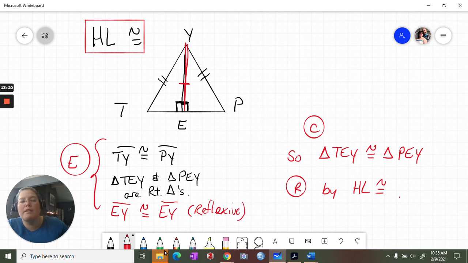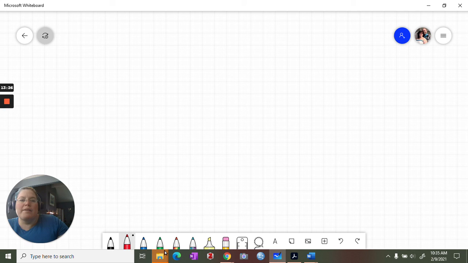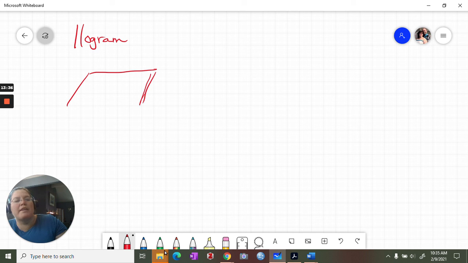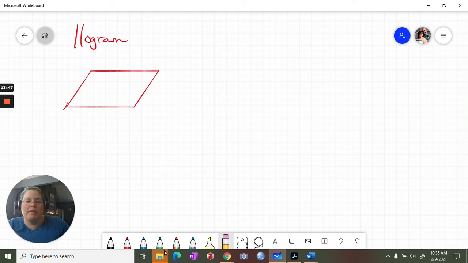Okay, now let's review some properties of quadrilaterals. So if I have a parallelogram, and this is how I write parallelogram without actually writing the word, because remember, that's our symbol for parallel. Looking at our properties, and remember we had our interactive Google document that we used to write down our characteristics.